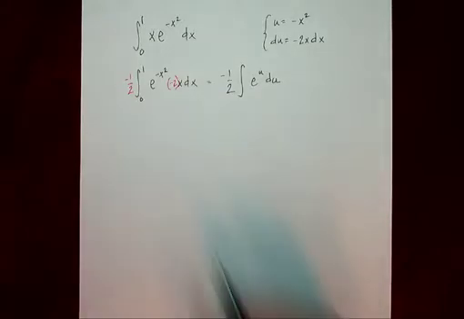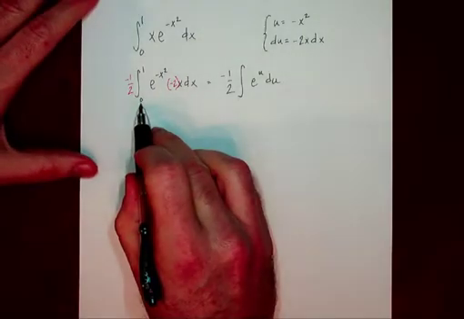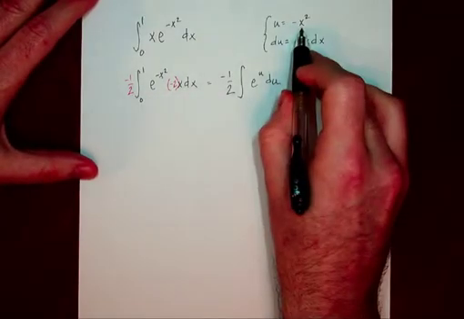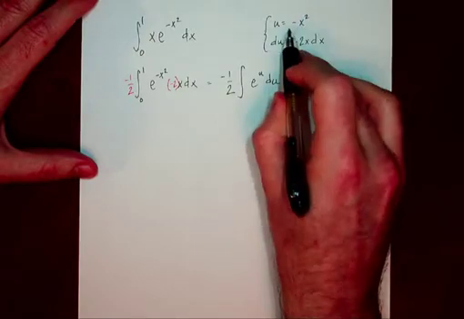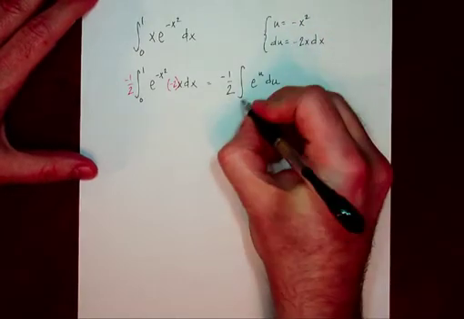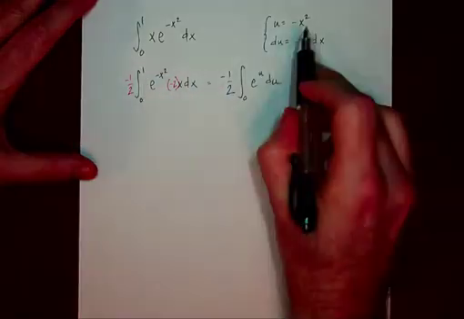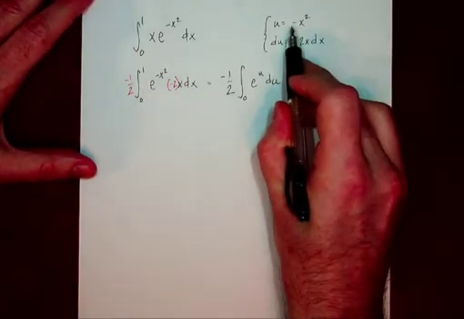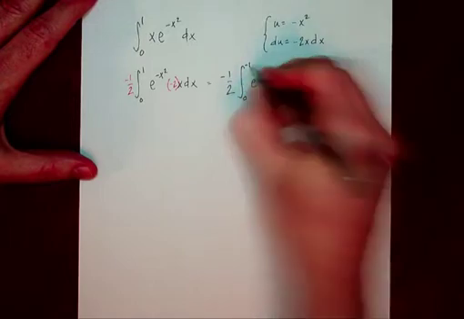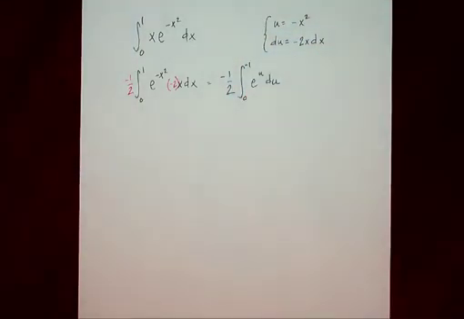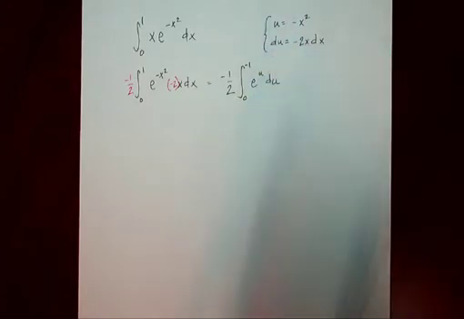So basically I say, okay, if x is 0, 0 squared is 0, and then negative 0 is just 0. So it's 0. When x is 1, 1 squared is 1, negative 1, so I have a negative 1. The only problem here is that transforming my limits of integration from x into u has basically messed up the order right here.